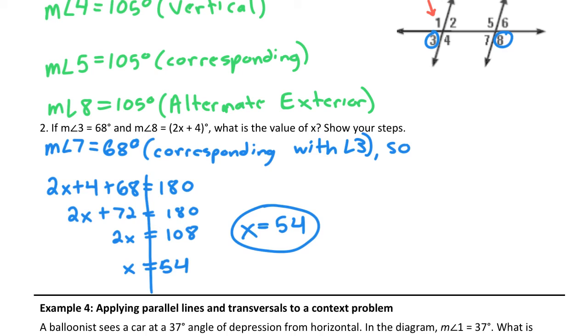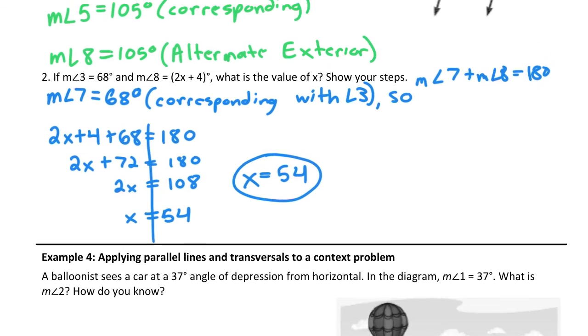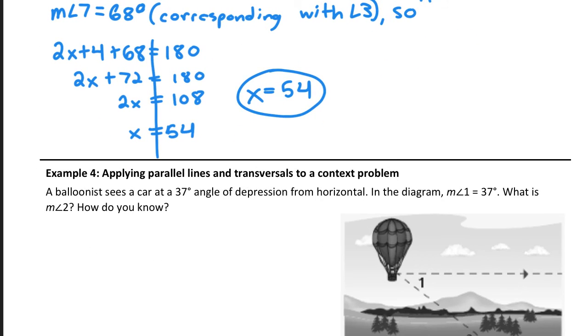If they're the same measure, that means angle 7 plus the measure of angle 8 equals 180 because they are a linear pair. So that's why I set up my equation in this way. 2x plus 4 plus 68 equals 180. I combined the like terms and I solved and I got x is 54. So it's about knowing the relationships so that you can set up the proper equation to solve.